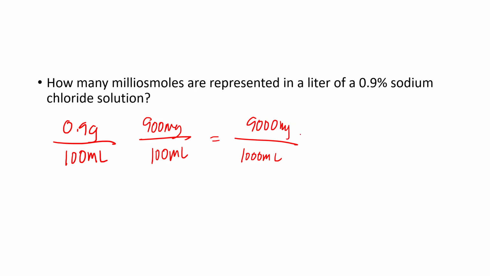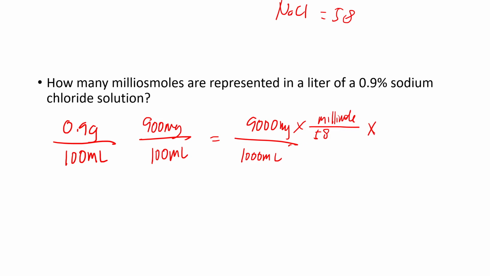Now, since it's asking for milliosmoles, let's convert our milligrams into millimoles first. The molecular weight of sodium chloride, if I'm not mistaken, is 58. Yes, it's 58, and you will get millimoles. Let's multiply it with the species.